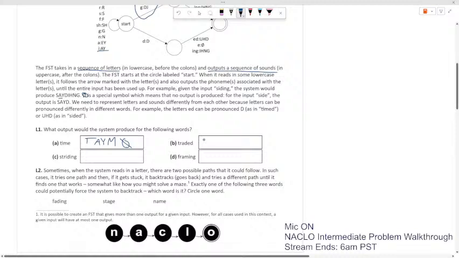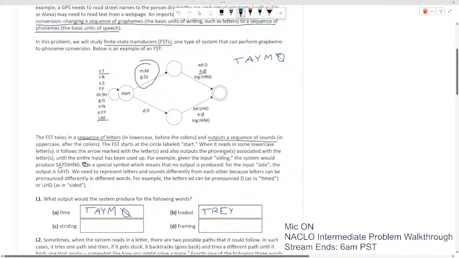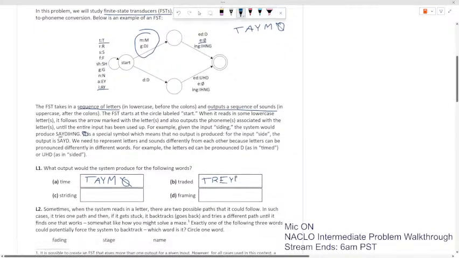Yeah, let's just start writing it. T-R-E for A, E-Y, trade, U-H-D. Traded.